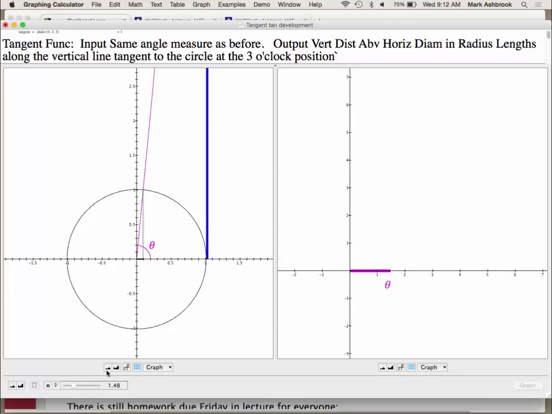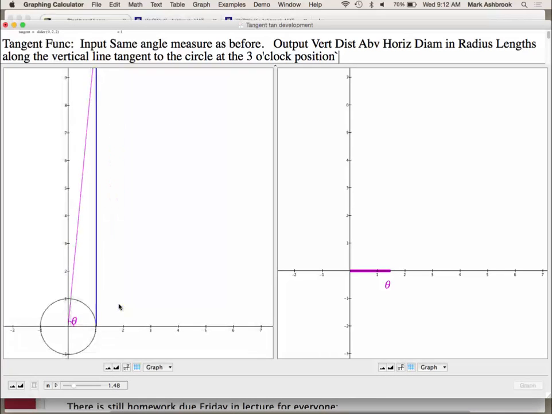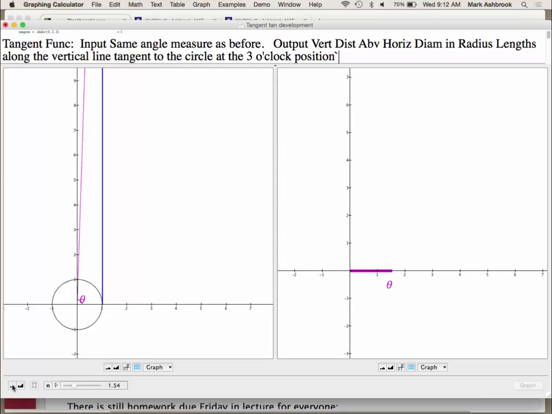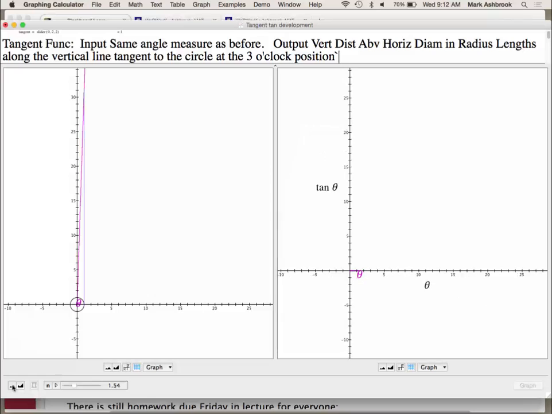All the way. Here I am almost at pi over 2, and let's see where it intersects. It's intersecting at something like 28. So 28 radius lengths when it's almost pi over 2. And if I got a little bit closer to pi over 2, what would happen? It would go even higher, right?